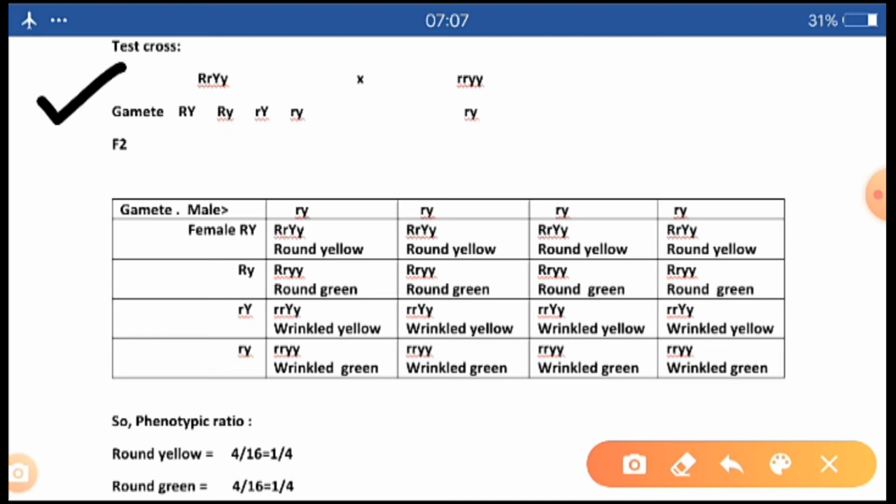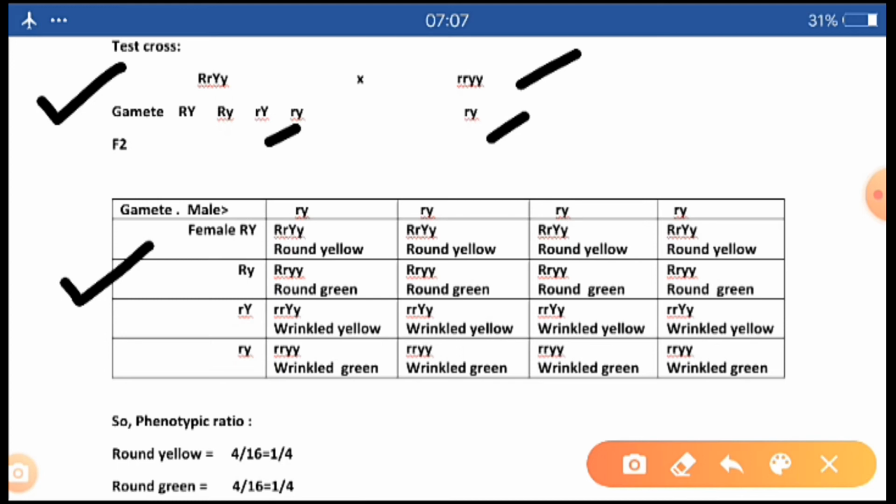That is round seeded yellow cotyledon plant, and the recessive parent is wrinkled seed with green cotyledon. So these are the gametes, and this is the result.